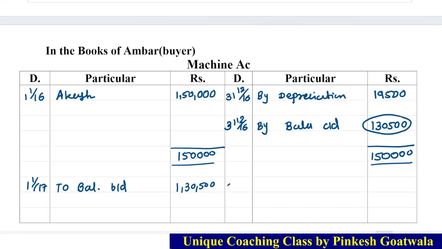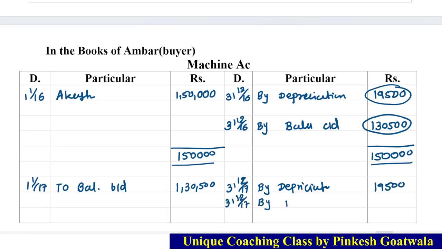So next year also depreciation comes, 31st December 17, and here they clearly told straight line method. So every year depreciation amount is the same, that is 90,500. So here you can easily prepare accounts. Just close this by balance. Clear?